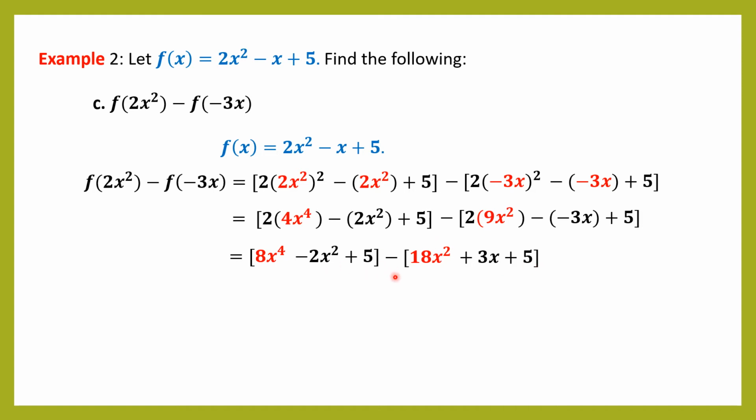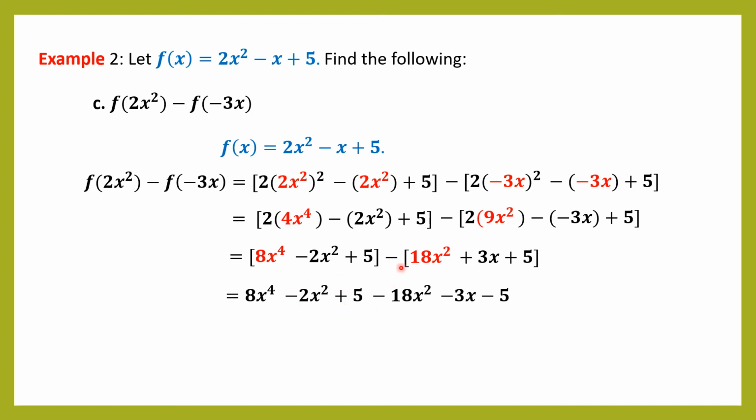Next, yung negative dito sa labas, yung minus na sinasabi dito, we have to take this as negative. Imumultiply natin dito sa loob. Kaya, magkakaroon tayo dito ng pagbabago sa sign. So, yung 8x to the 4th power, copy lang natin yan. Minus 2x squared plus 5.